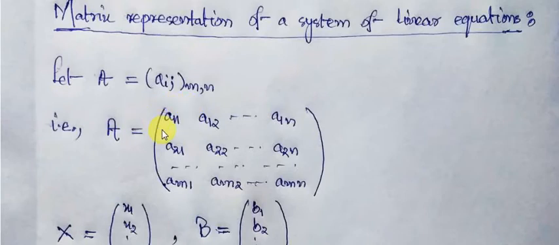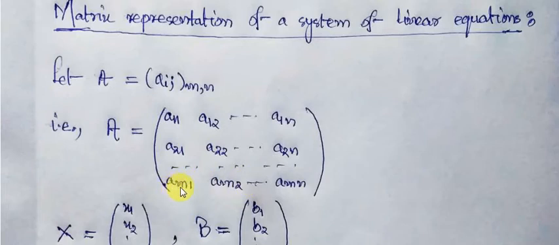This first row a11, a12, so on a1n are the coefficients of the first equation of the system of linear equations, which we have seen a few seconds ago. And this second row a21, a22, so on a2n, these are the coefficients of the second equation of the system, and so on.